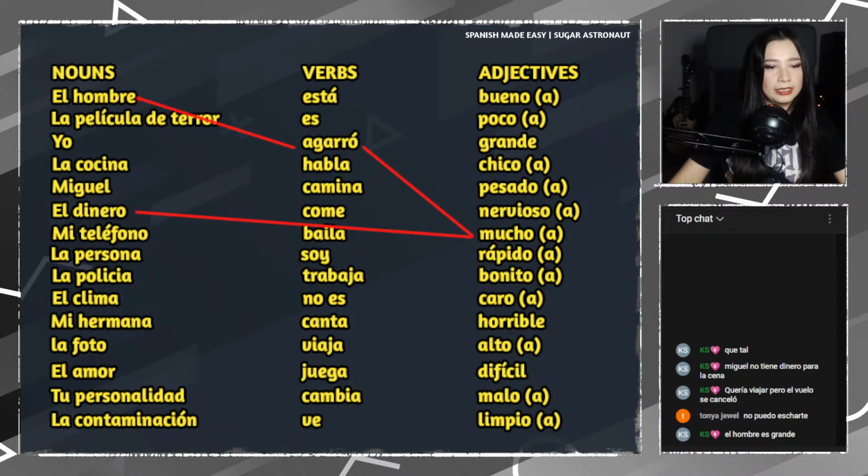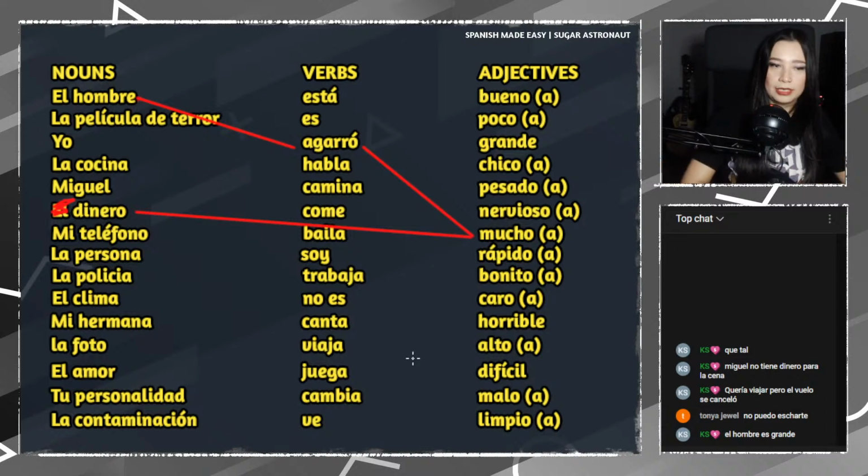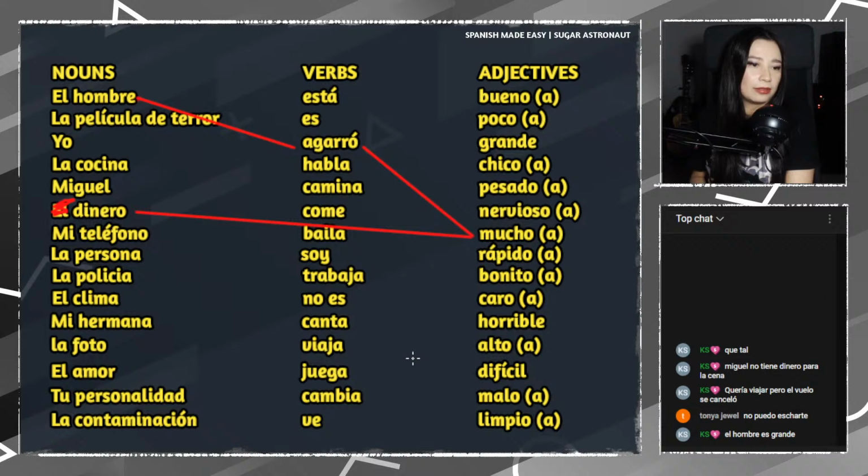And for that, you don't need the definite article el. El hombre agarró mucho dinero. At the beginning, you can use the definite articles el, la, los, las. But then if you have an adjective and then you want to add another noun, most of the times you don't need a definite article there.